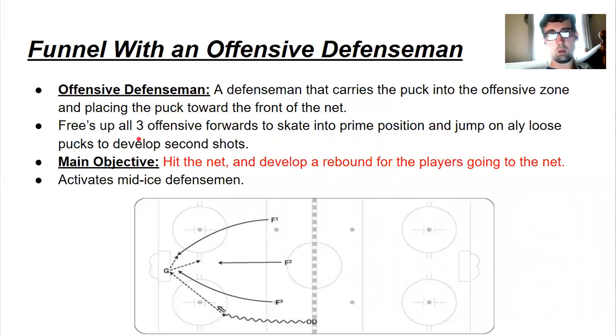Frees up all three offensive forwards to skate into prime position and jump on delay or loose pucks to develop second shots. Main objective, hit the net and develop a rebound for the players going to the net.